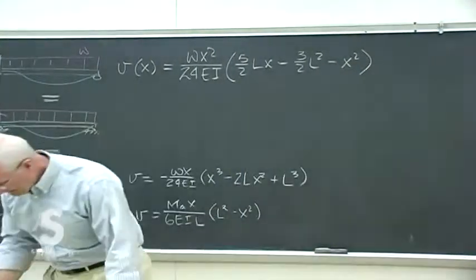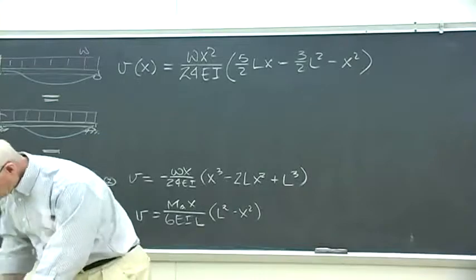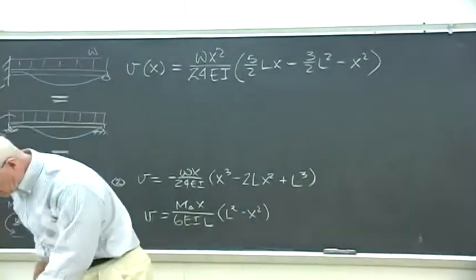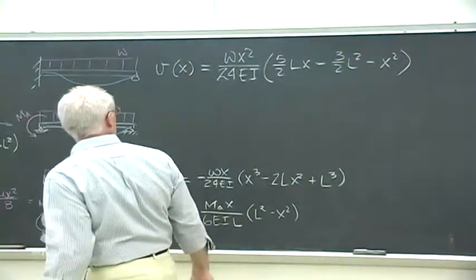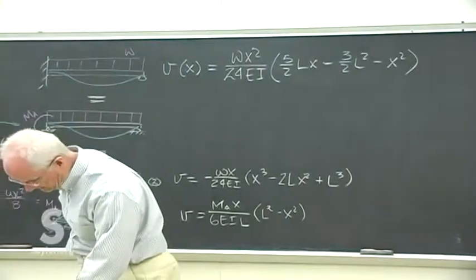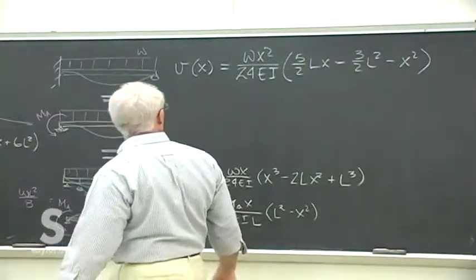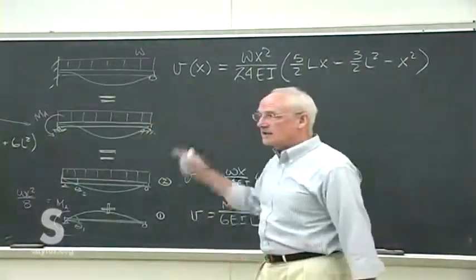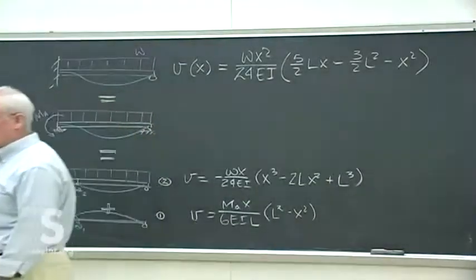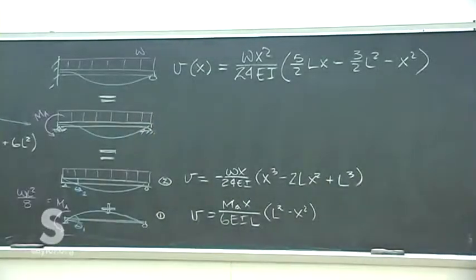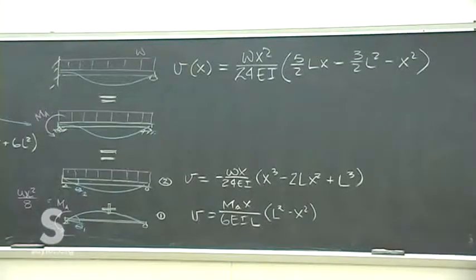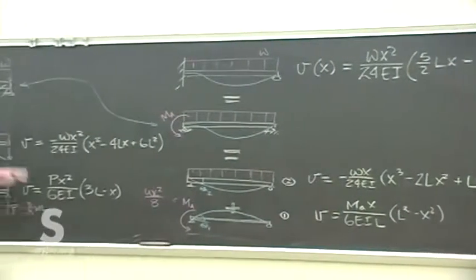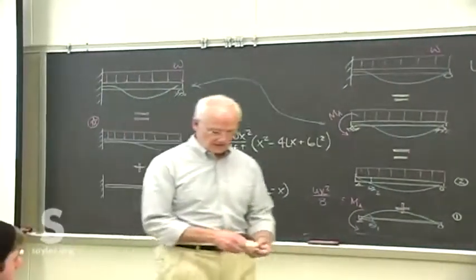Did you guys get that? Make sure I'm reading the right one. Wx squared over 24 EI, 5/2 Lx minus 3/2 L squared minus x squared. And I got that the two did give the same model. If yours doesn't agree, it's most likely just algebra. The physics is nothing more than writing down the two equations and adding them together. That's all the physics is.